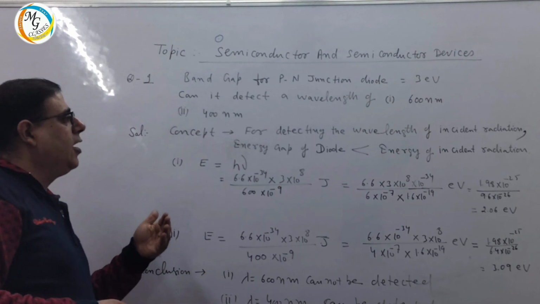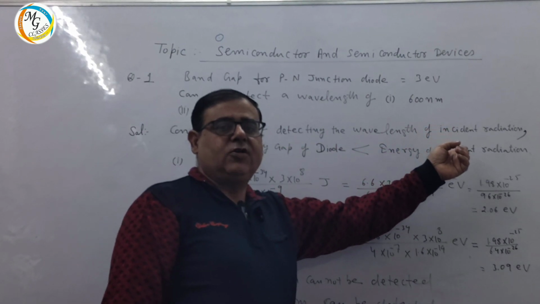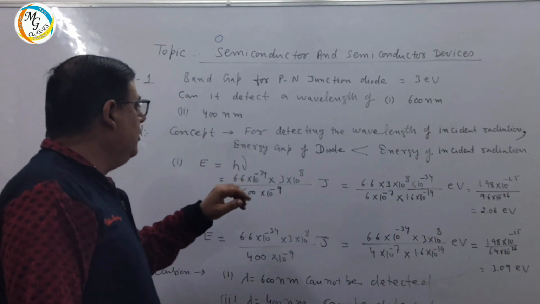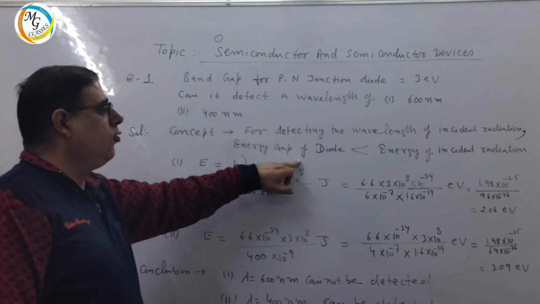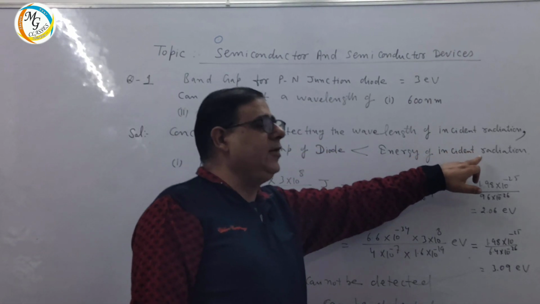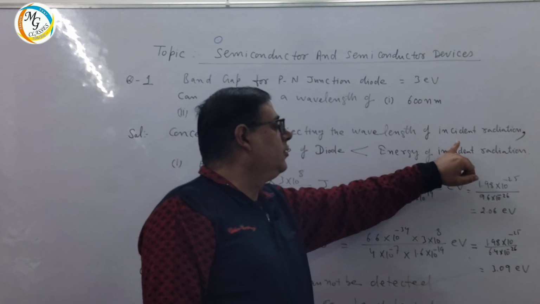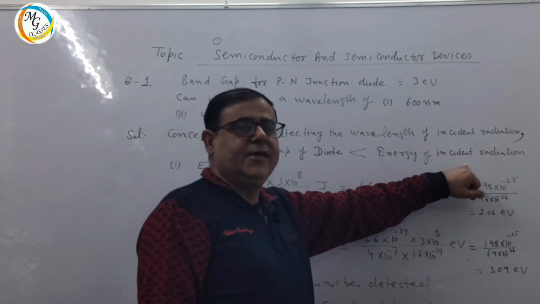A p-n junction diode can detect the wavelength of the incident radiation only in those conditions when the energy gap of the diode is less than the energy of the incident radiation. So first of all, let us calculate the energy of incident radiation.